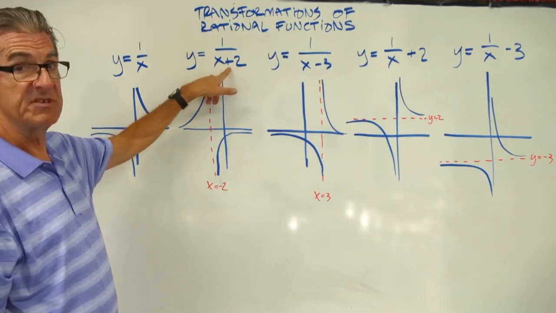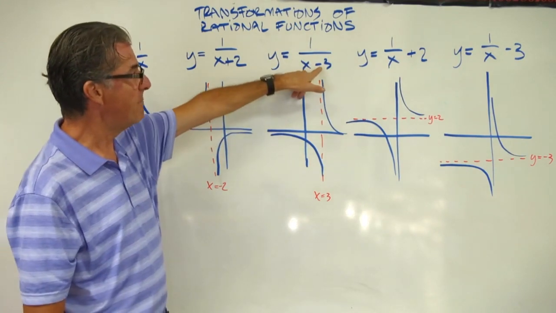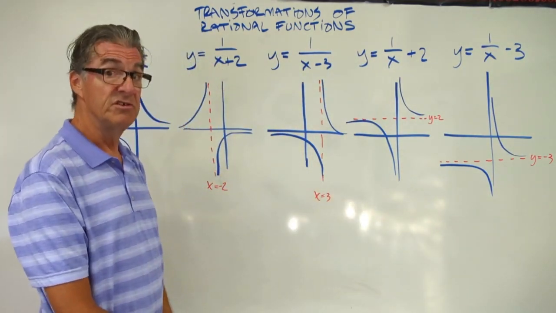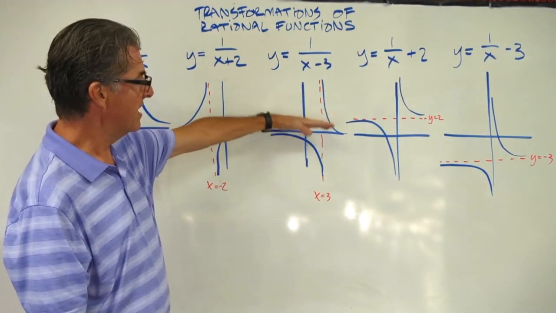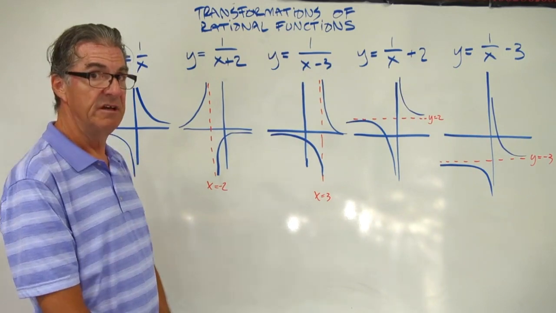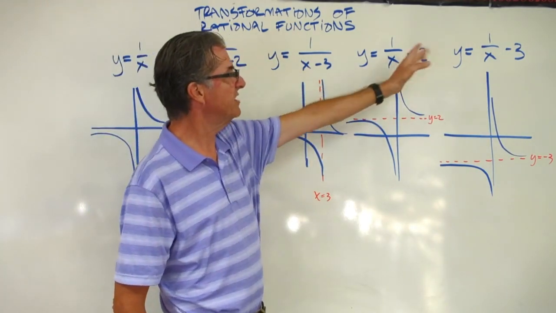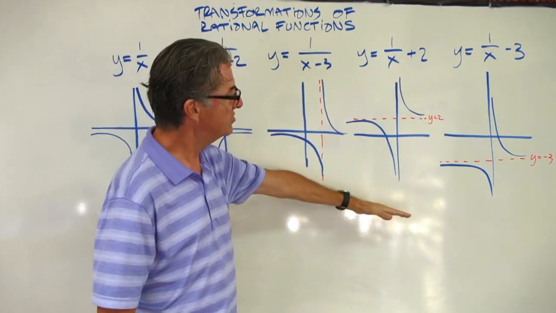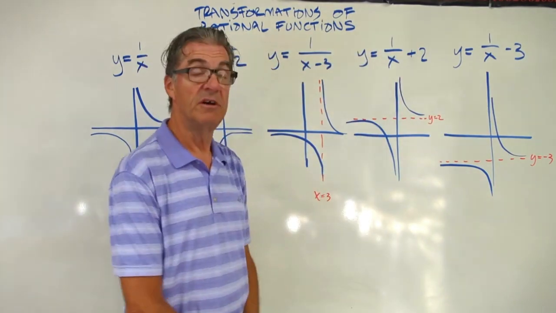Notice how that's the opposite of the sign there. So that can be a little tricky. Now notice here that we have a minus 3, and the graph has shifted over in the positive direction to 3. So we have x equals 3 as our vertical asymptote, and again, our horizontal asymptote is the same. Now moving along to this version of the equation, now we're adding or subtracting outside of the denominator, and you'll notice that the plus 2 shifted this graph up by 2, but it kept the vertical asymptote the same.